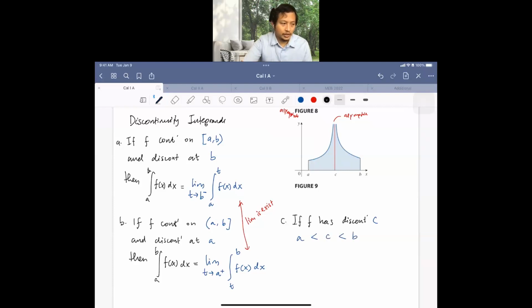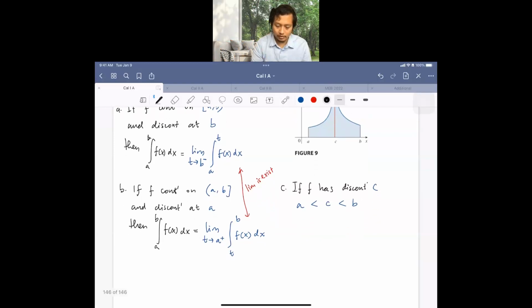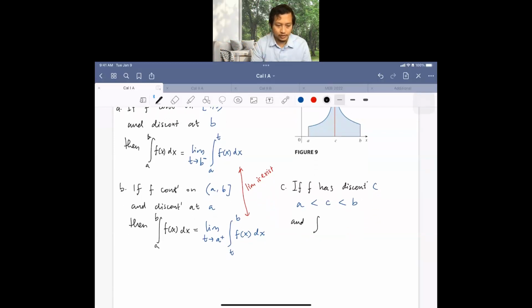So we could have the integral from A to C of f of x dx and the integral from C to B of f of x dx. They both converge.